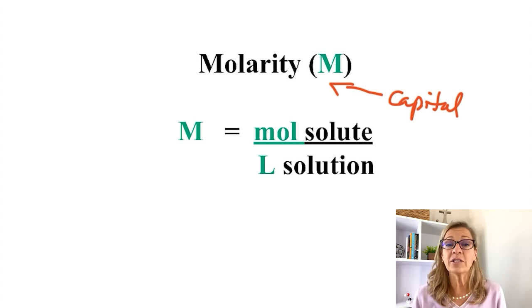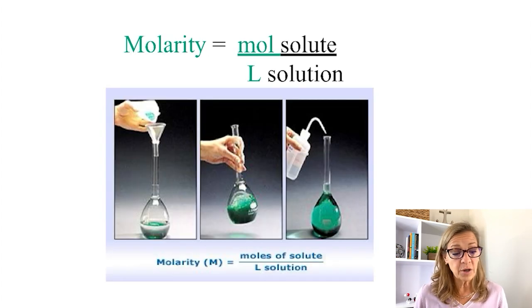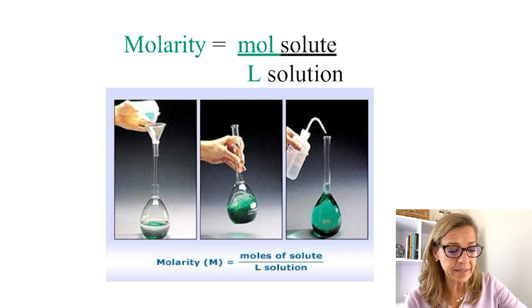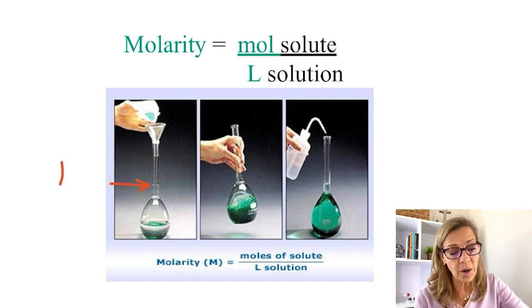So it is defined as the number of moles of solute, remember that's the small one, divided by liters of solution. So how you make a solution is using a volumetric flask, and these things have a certain volume. Let's say this one is 1 liter.